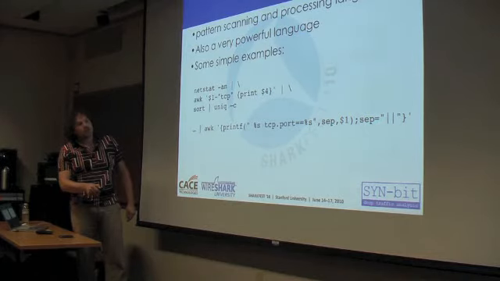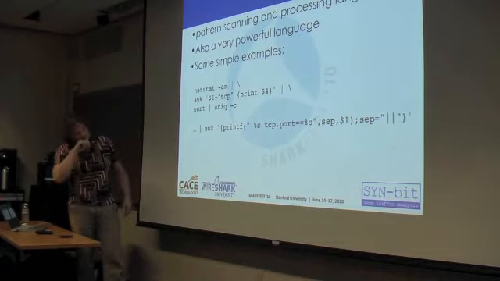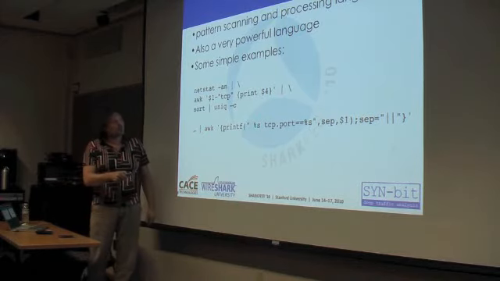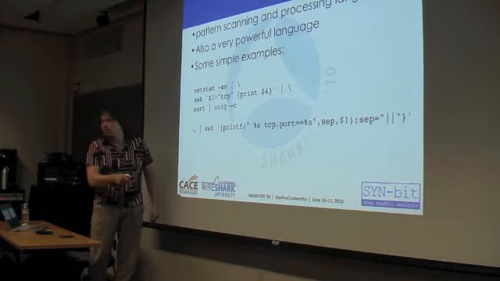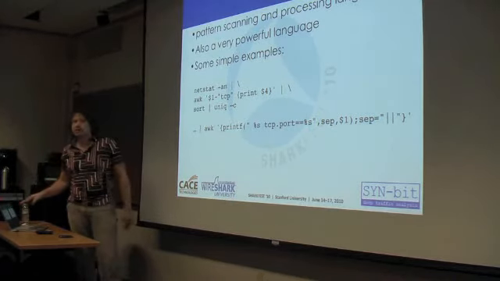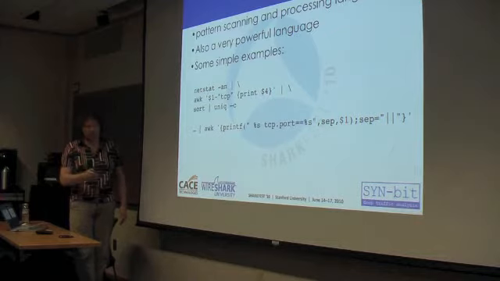Then it says the separator needs to be the OR sign. So for the next line, it will print the separator, that's the OR sign, then tcp.port again. So you get a filter from all the TCP ports. We're going to use that in an example, so you see how that works.